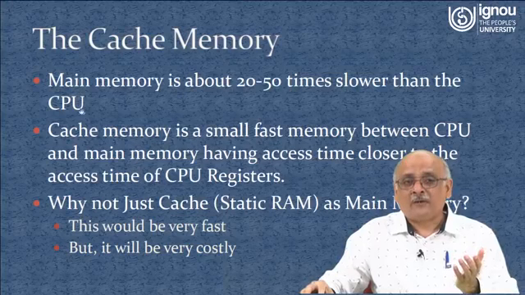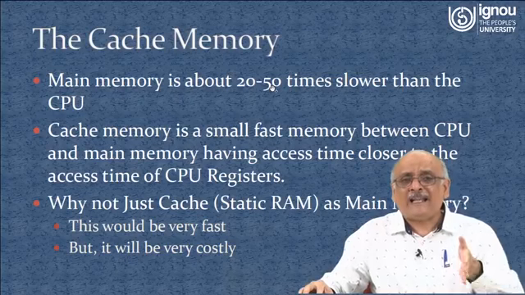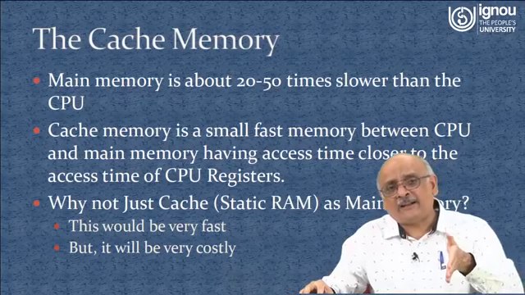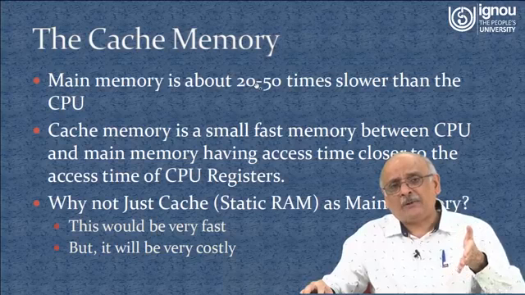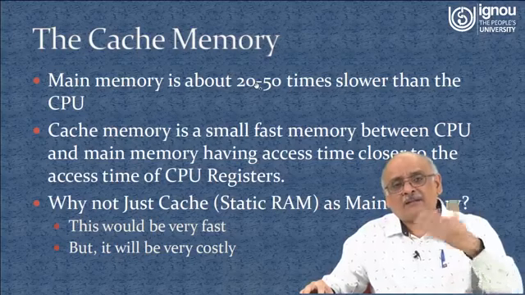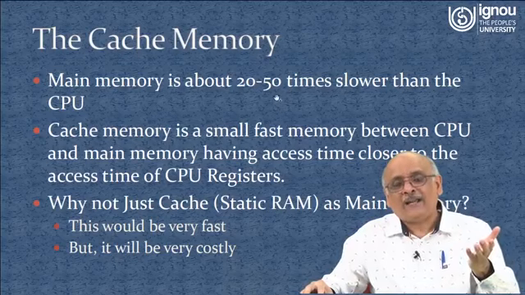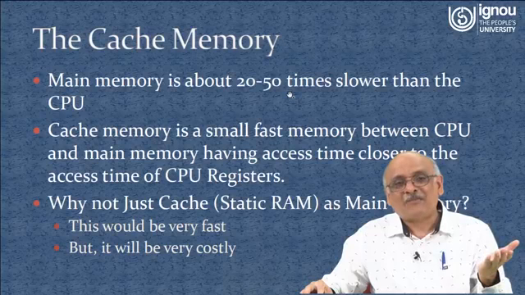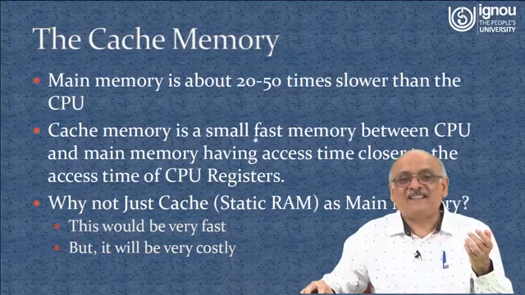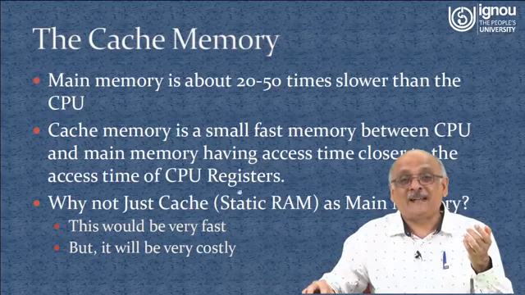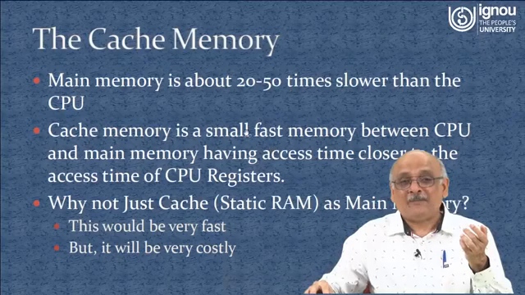This is 20 to 50 times slower, technically slowing down the computer to a great extent. You can build a very, very fast CPU, but no advantage, because memory is very, very slow. So cache memory is a small fast memory between CPU and main memory, having access time closer to the access time of CPU registers. We bring in a fast memory in between the two.